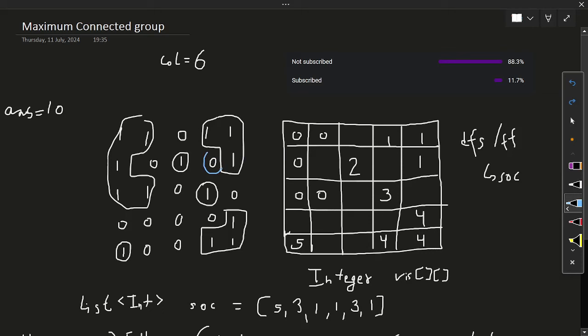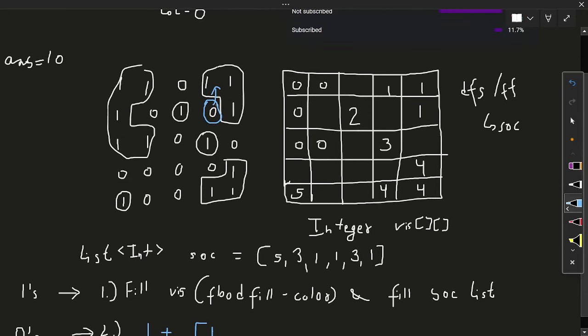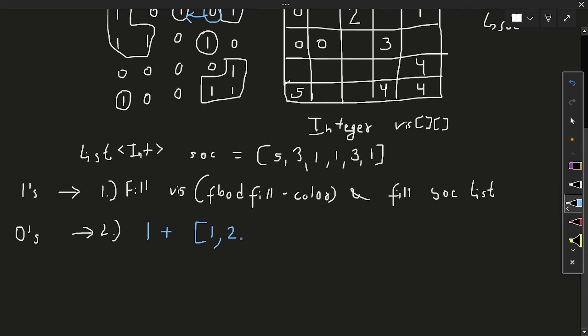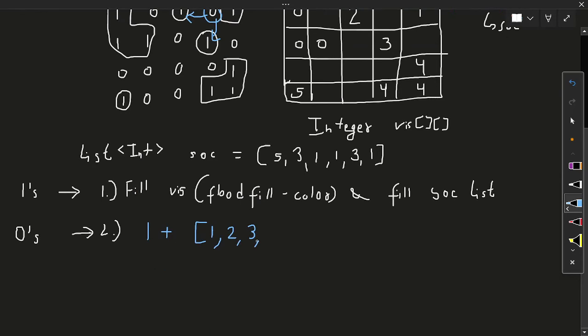So if we change this 0, we have an upper component of 1. So we have 1 here. If we consider this component, its color is different, so we can consider it, 2. And then downwards, its component color is 3, we can consider it.